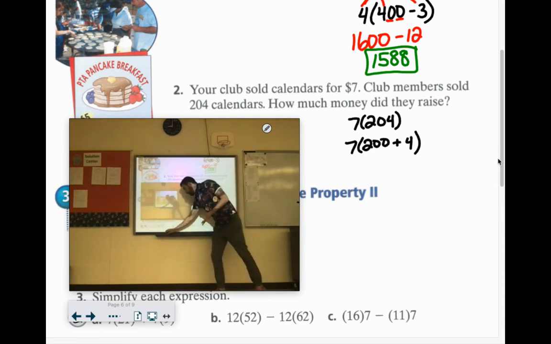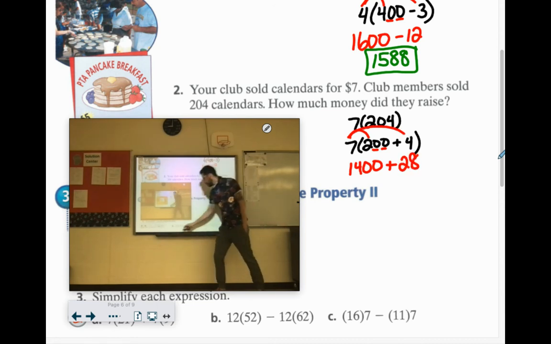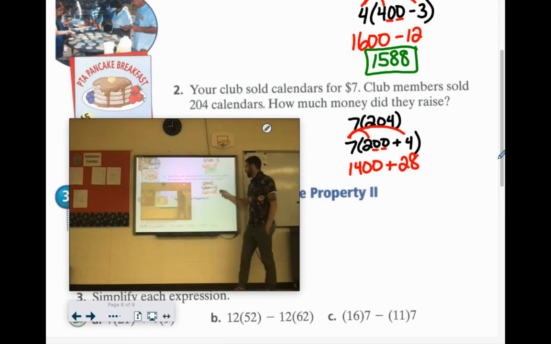We'll distribute. 7 times 2 is 14, so 7 times 200 would be 1400, plus 7 times 4, 28, which would give us 1428. This is how much money we made.